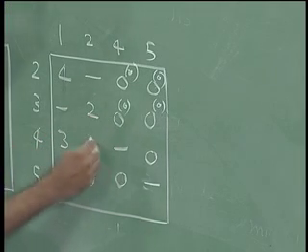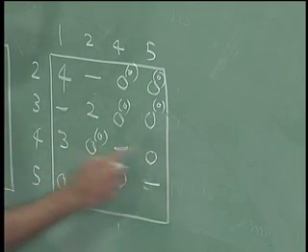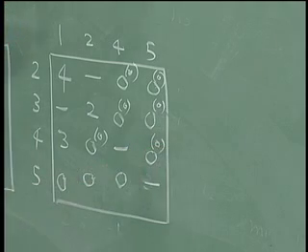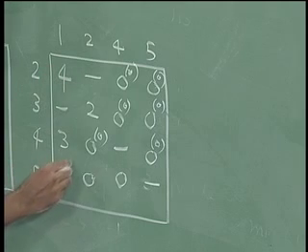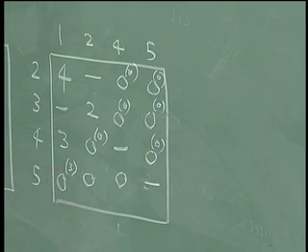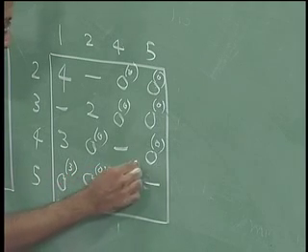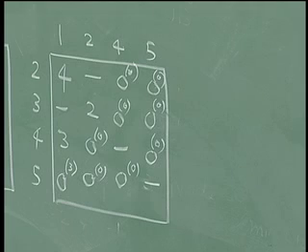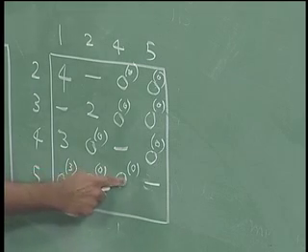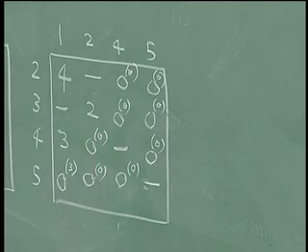Now, for this one also it is 0, for this one also it is 0, for this one it is 0 plus 3, which is 3, for this one it is 0, and for this one also it is 0, because for this you have a 0 here and a 0 here. Now, this has the maximum penalty of 3.